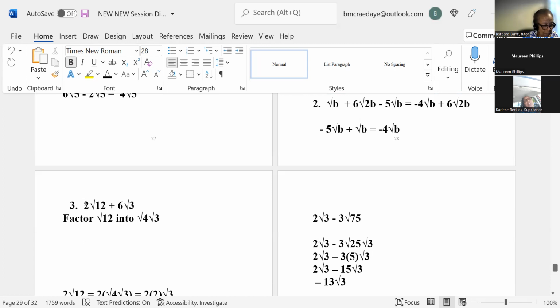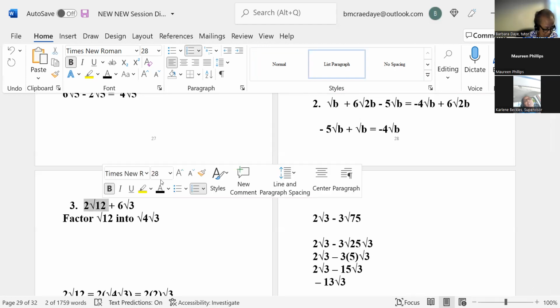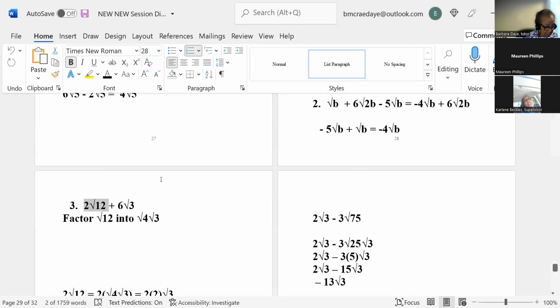All right. Now, if we do that, what does this become? Let me just copy this. Maureen, you tell me what this is equal to. I told you what the factor is for, right? So what would this be equal to? 6. No. The square root of 12, it's 4 and 3. Yeah, is square root of 4 and square root of 3.